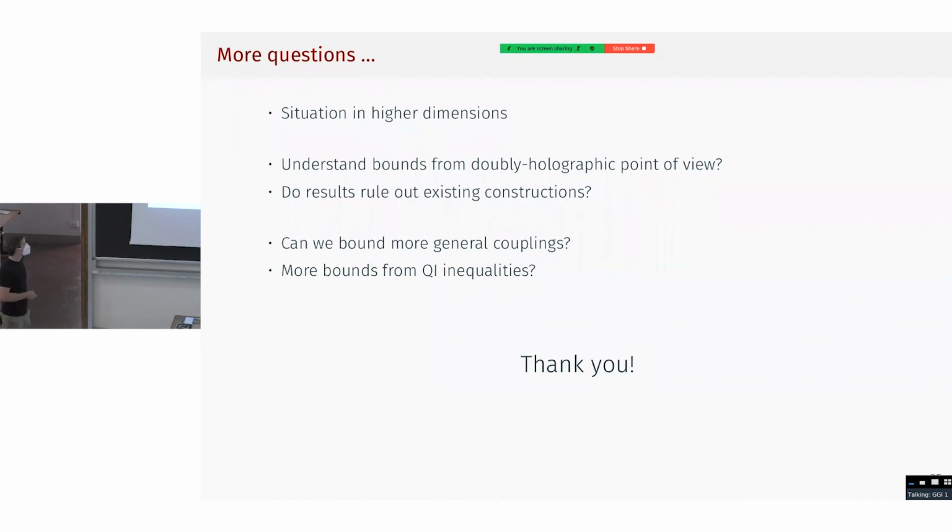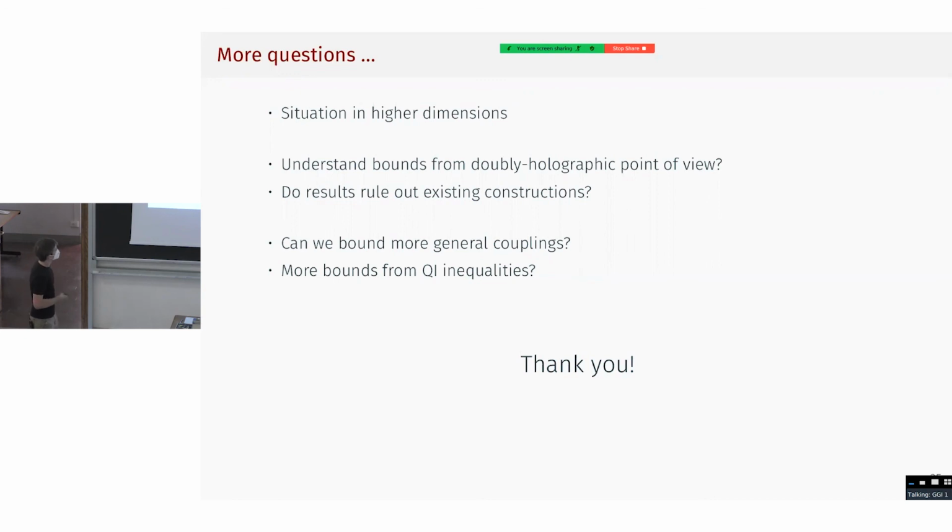And then, of course, as was already pointed out, do these bounds actually mean something from the point of view of double holography? Or are these swampland-like bounds, which you can't really see from the effective theory in double holography, but just the fact that there is a UV completion of your theory imposes those bounds?